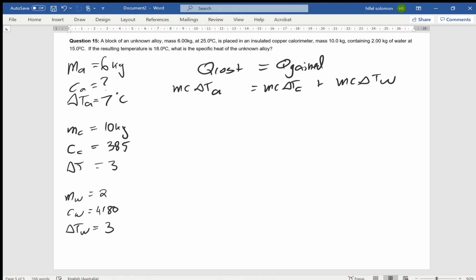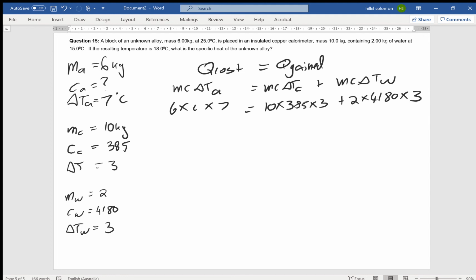So let's put in our values. 6 times C, that's what we don't know, times 7 is equal to 10 times 385 times 3 plus 2 times 4180 times 3.